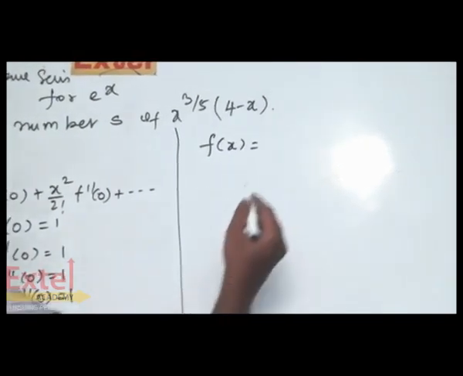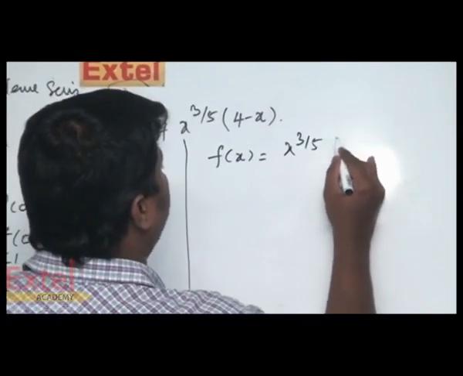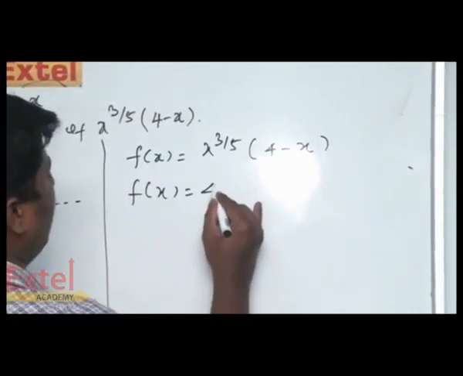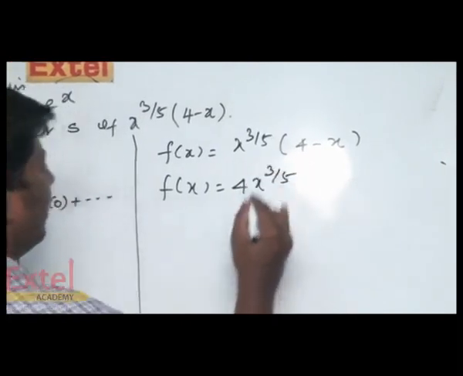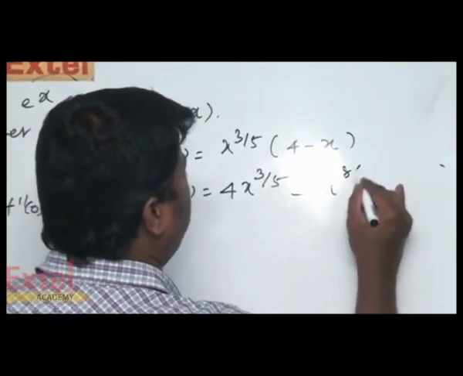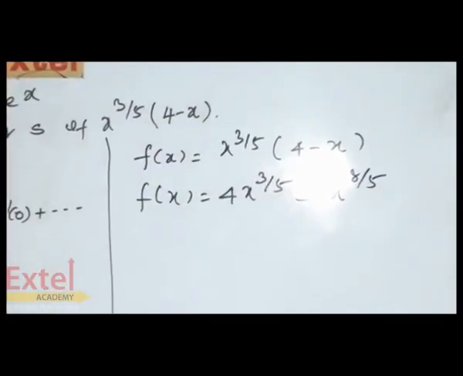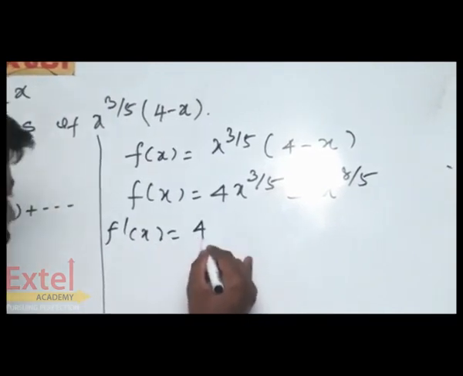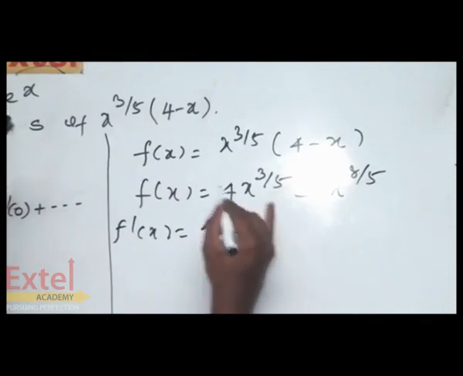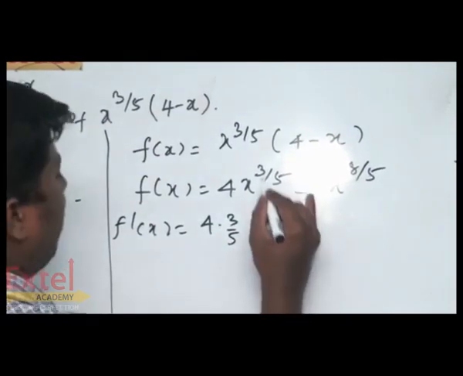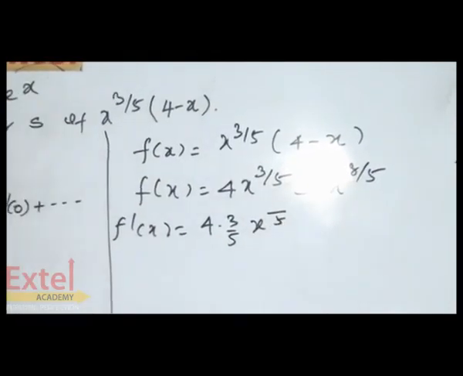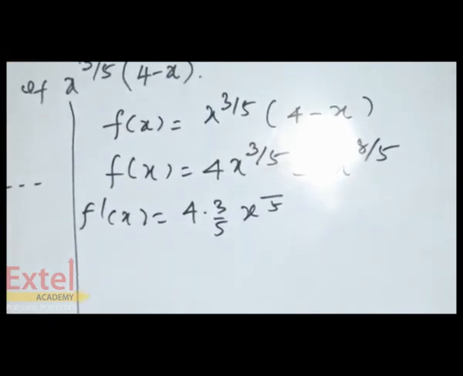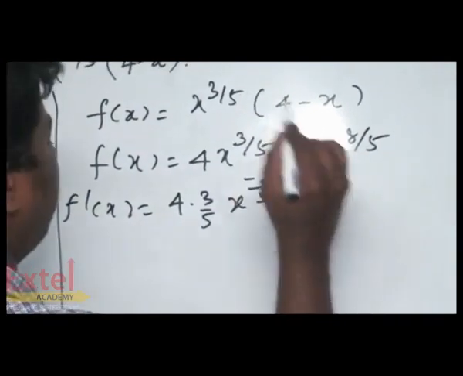Let us take f of x is equal to x power 3 by 5 into (4 minus x). Therefore we get f of x is equal to 4x power 3 by 5 minus x power 8 by 5. Now f dash of x, differentiating, is equal to 4 into 3 by 5 x power 3 by 5 minus 1, and 3 by 5 minus 1 is equal to (3 minus 5) by 5, which is minus 2 by 5.